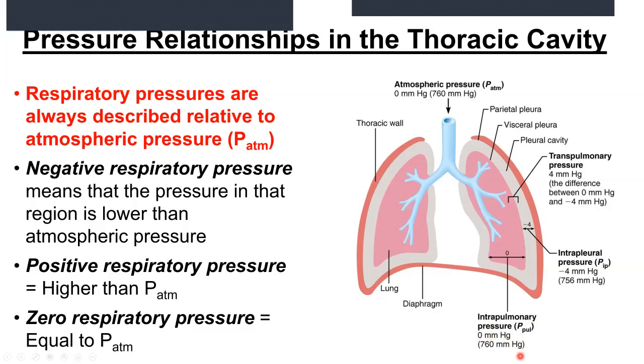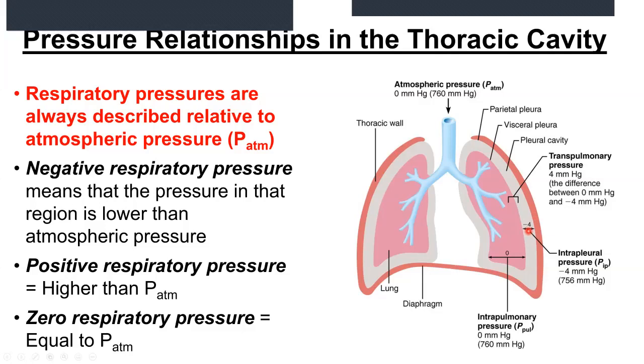Now, if I describe something as being a negative respiratory pressure, that means that the pressure in that particular area is lower than atmospheric pressure. So for example, intrapleural pressure, which is the pressure between the parietal and the visceral pleura of the lungs, is, as you can see in this picture, -4. What this means in terms of absolute pressure, this means that it's 4 below atmospheric pressure.